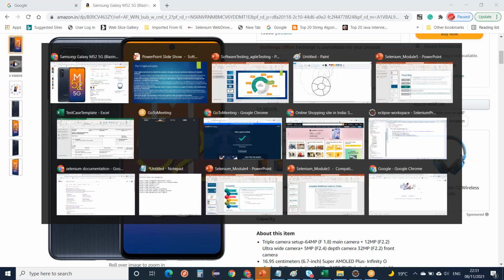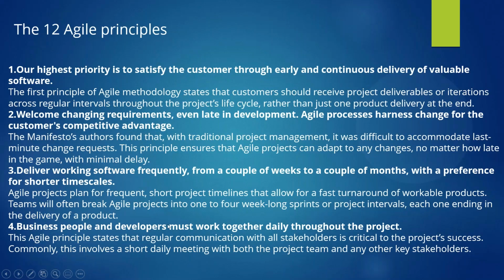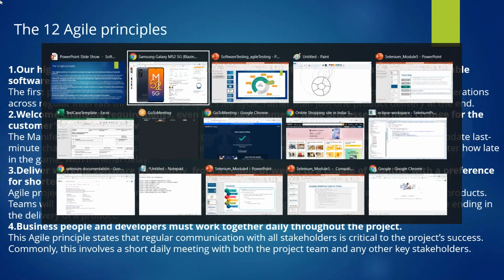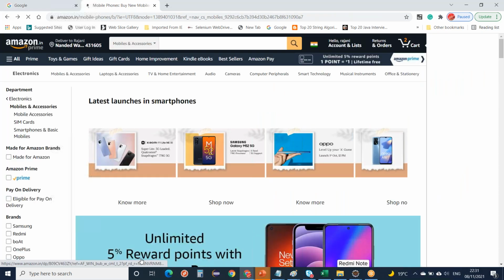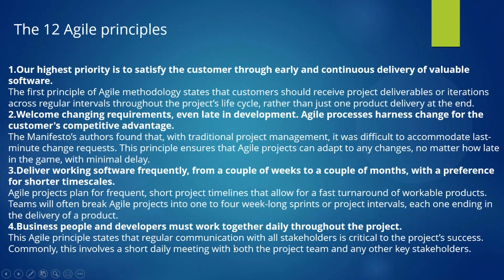Okay, so what is it, business people and developers must work together on a daily basis? What is it, like, business people should work daily? It means the agile principle says that there should be regular communication between stakeholders for the project's success.